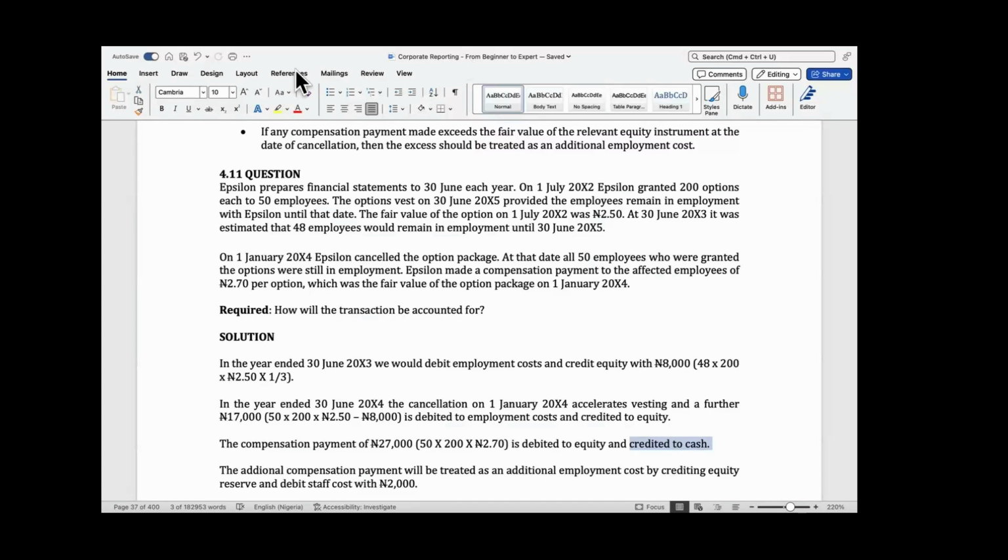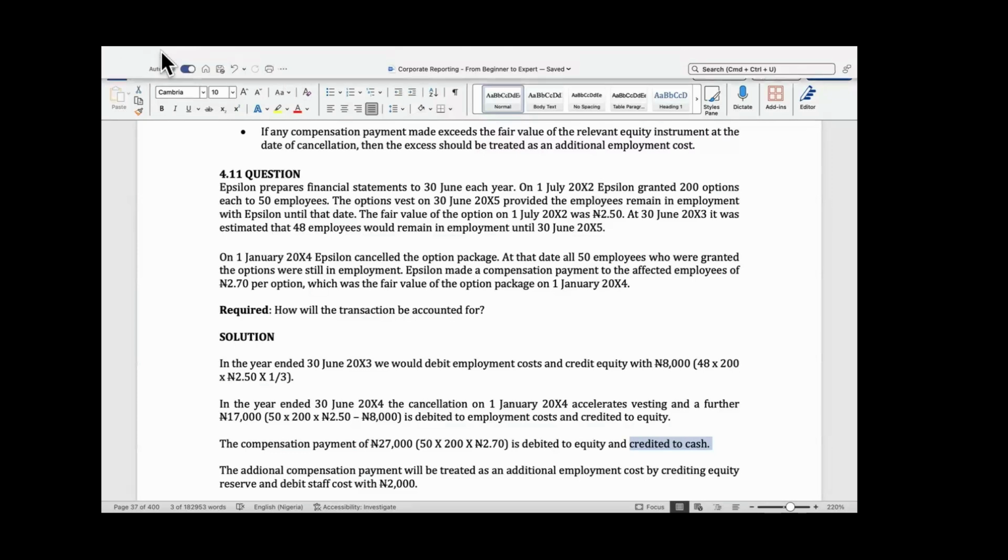No, it's not even a question. This cancellation, just looking at the scenario where can it ever happen that the employer will not cancel the entire option package, but will cancel it in parts, in which case this question will now become more complicated. What we are looking at here is where the entire option package was cancelled. When it's now cancelled in part, what you're advising is that we should just use the same principle and deal with it.